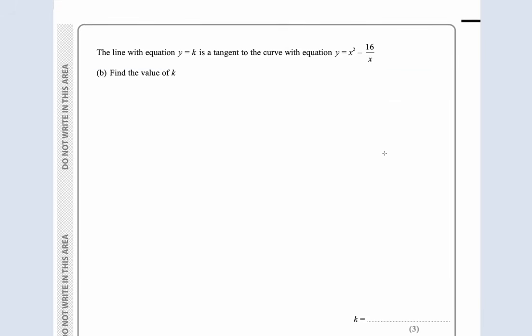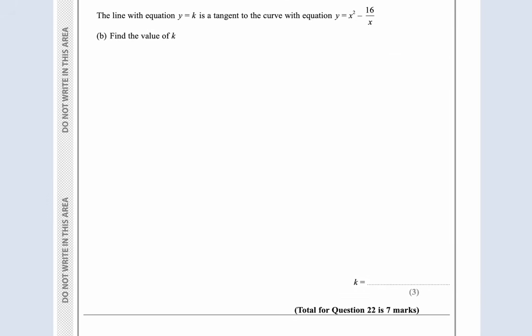So let's get the minimum. The minimum, again, will occur when the derivative equals 0. So I'm going to do the same kind of thing, x to the -1. dy/dx is equal to 2x plus 16 times x to the minus 2.